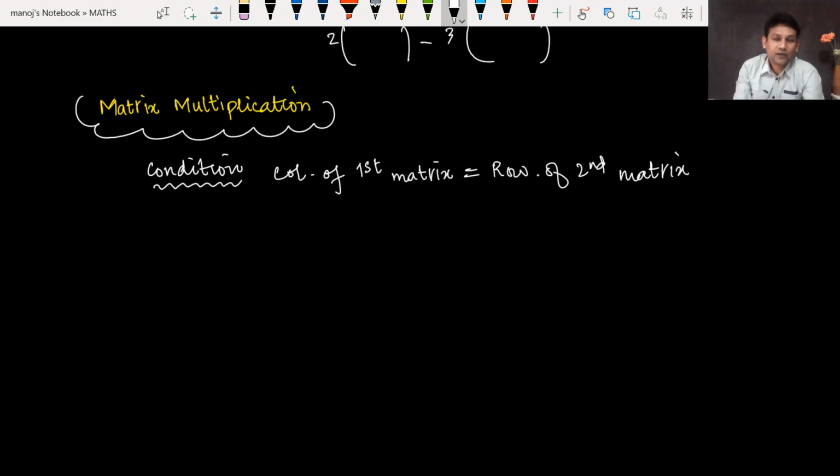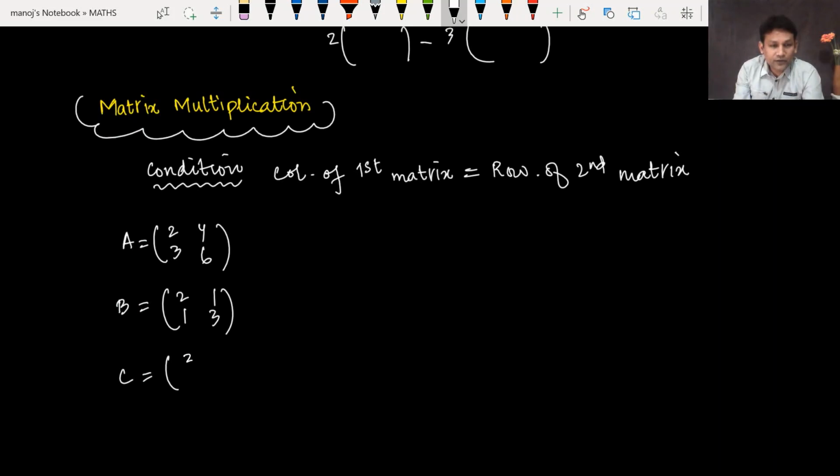For example, I would like to give one example first. A is 2, 3, 4, 6, and B is 2, 1, 1, 3, and I'm writing also C. C is row by column, so I can write 3 and 6 only.